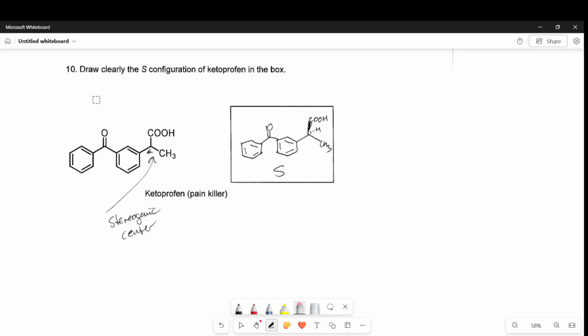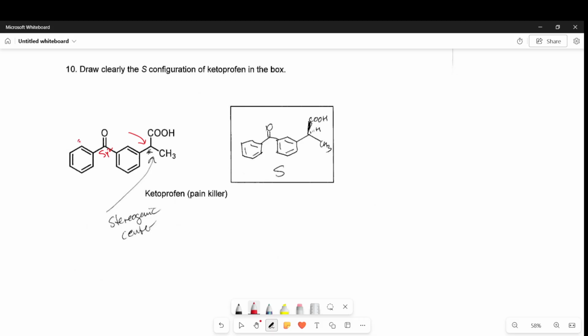It asks us to draw clearly the S configuration of ketoprofen in the box. As you see here, ketoprofen, which is a painkiller, the biologically active compound, has this stereogenic center. For example, this is an sp2 hybridized carbon.